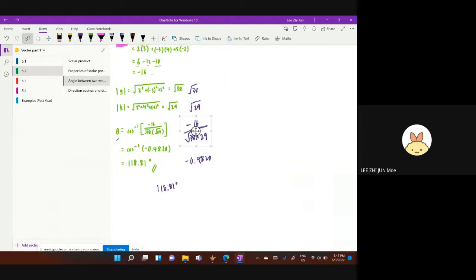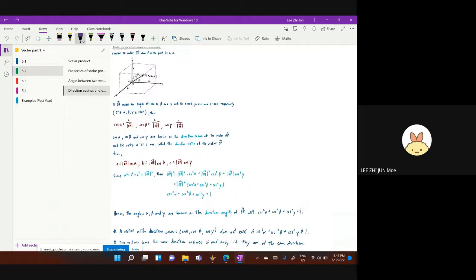Just remember that the angle theta will be from 0 to 180. The angle will be in the first quadrant or second quadrant only. It will not exceed 180.